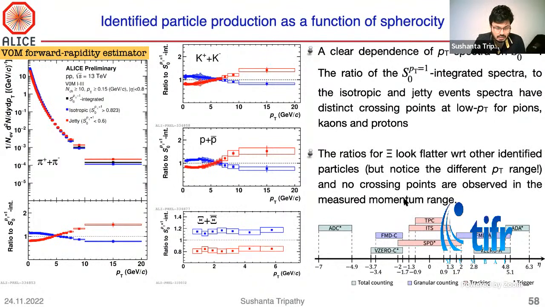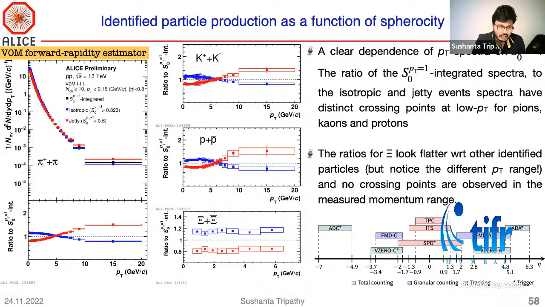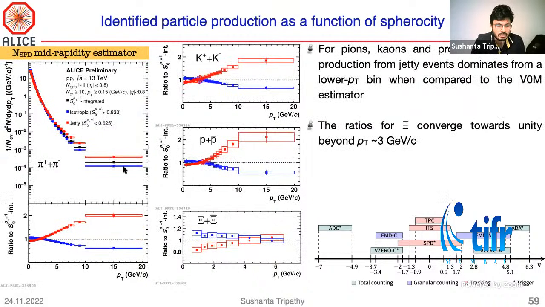And again, we also study the same thing with the mid-rapidity estimator, which is done with the SPD detector. So here, when you compare the V0M estimator and the SPD mid-rapidity estimator, you see that for pions, kaons, and protons, the particle production from jetty events dominates from a lower pT when compared to the V0M estimator.